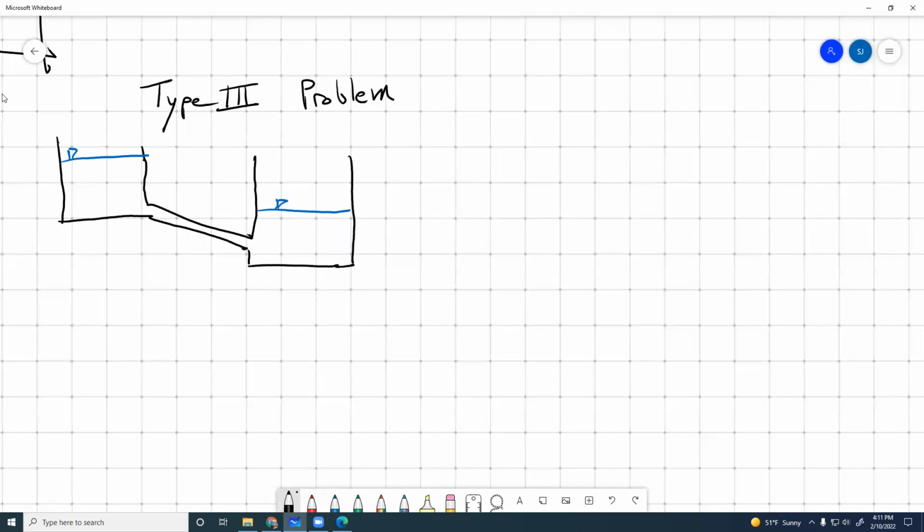Free surface. We're going to look at points 1 and 2. We know that our length is equal to 500 feet. We know that the elevation difference in the reservoir is 80 feet. So that's going to be our head loss.